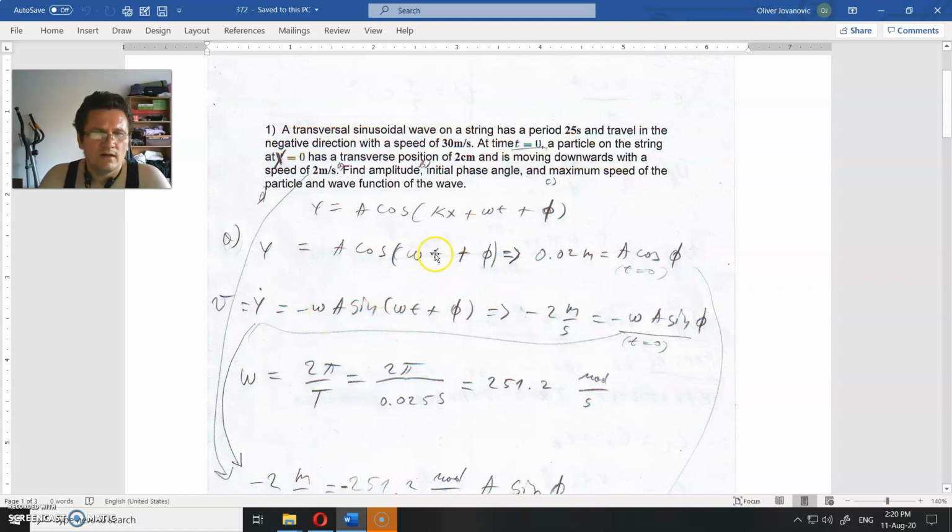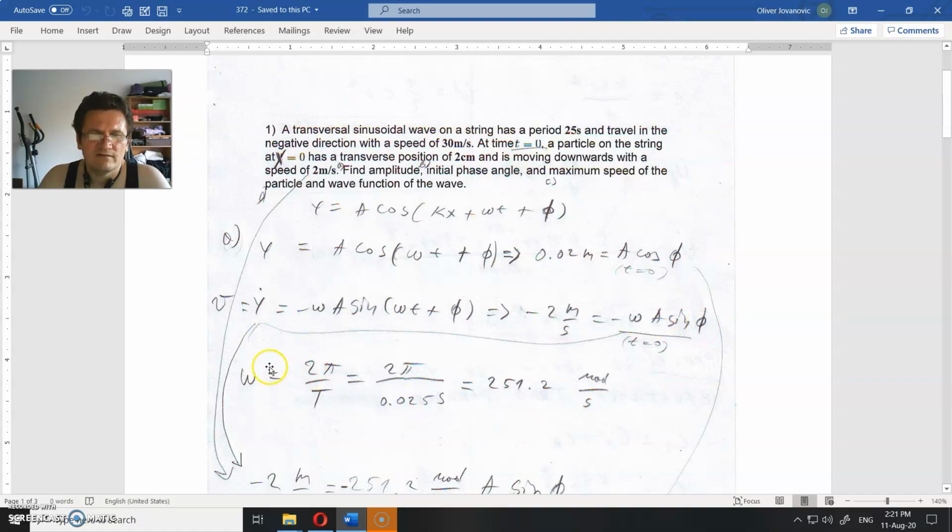So derivation of this in respect to t is this. And at this same instance, speed is 2 meters per second. So this is 2 meters per second, but in negative direction. That is minus 2 meters per second is equal minus omega a sine of phi.